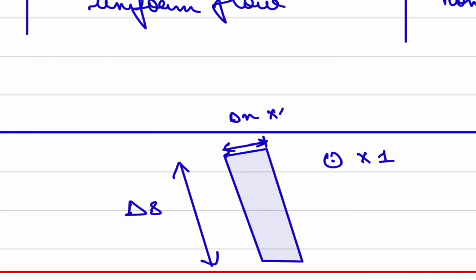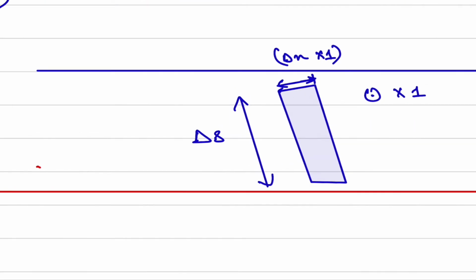So the cross-sectional area would become del N into 1. And we will try to write this Euler's equation of motion for any generic direction del S.